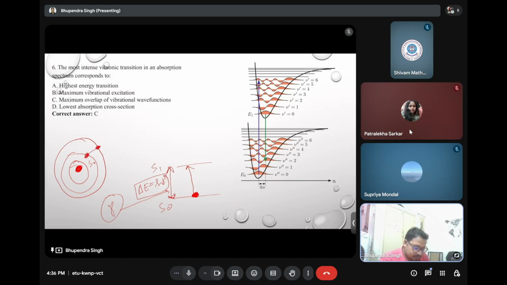This is your S1. This represents only this. So the molecule is not going to the excited state; the electron is. Franck-Condon says that the electronic transition is too fast, way faster than the nuclei can change their position.